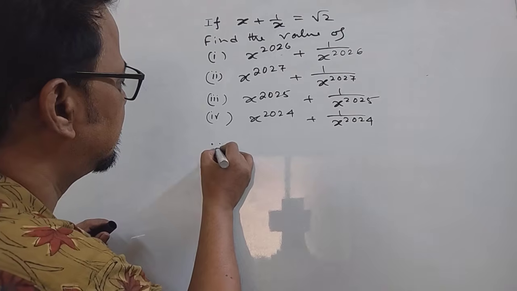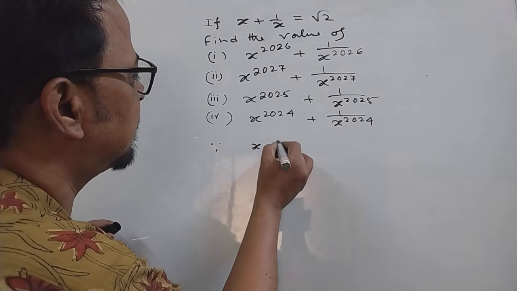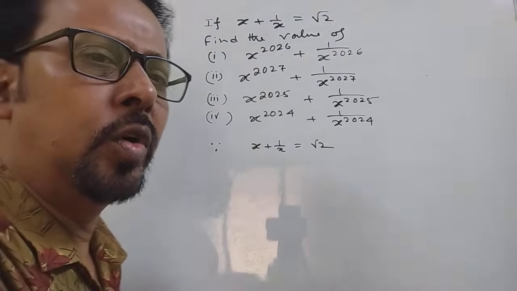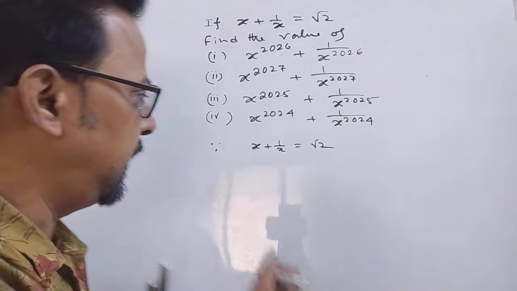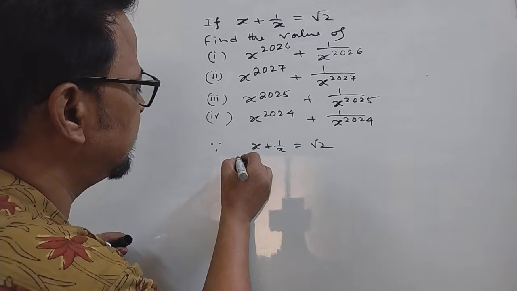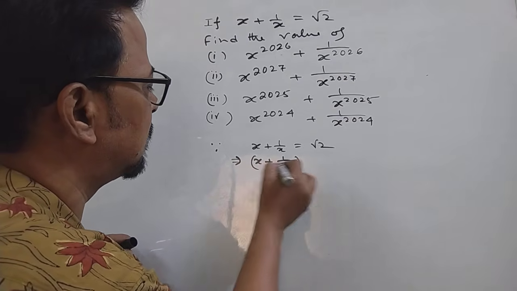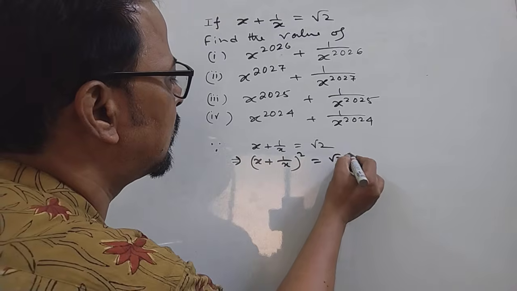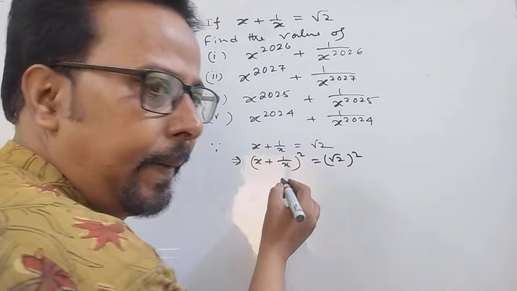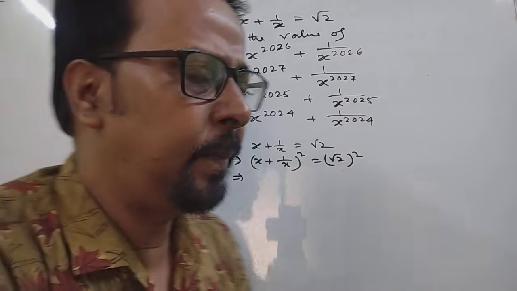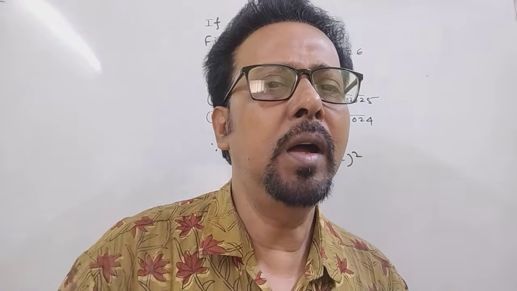Since x plus 1 by x equal to root 2, squaring both sides we get x plus 1 by x whole square equal to root 2 square. Now simply use a plus b whole square equal to a square plus 2ab plus b square.